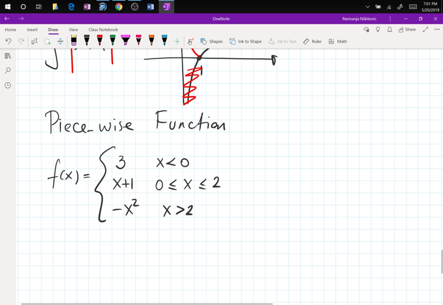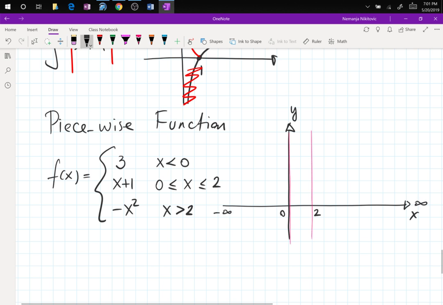So to graph this, I will draw a coordinate system, and then I will put these partitions lightly, which are happening at 0 and 2. I partitioned my space from negative infinity through 0 through 2 to positive infinity on the x-axis. Now my constant function 3 is active up to vertical partition 0.